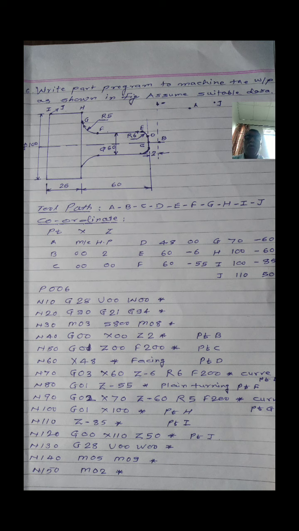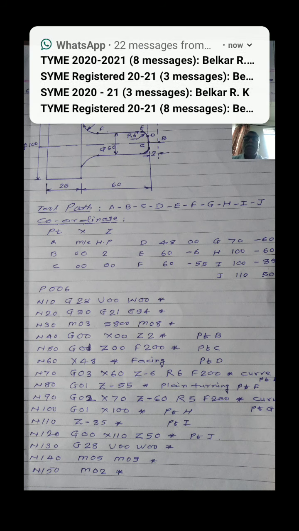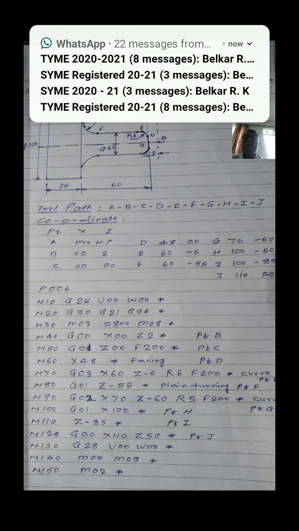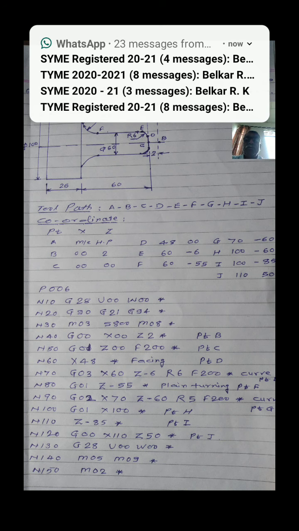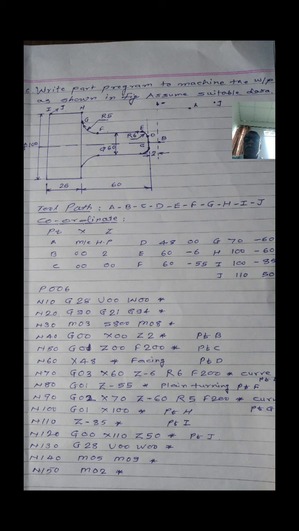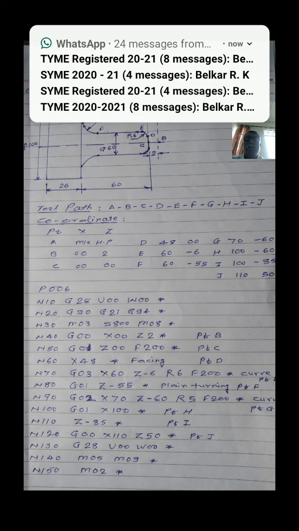After finding the coordinates, you have to write down the part program according to the tool movements or according to the coordinates. It is our sixth program. So program number is P006, that is radius turning as usual. Then you have to write the first block G28 U0 W0, that is tool will be returned to the machine reference position.